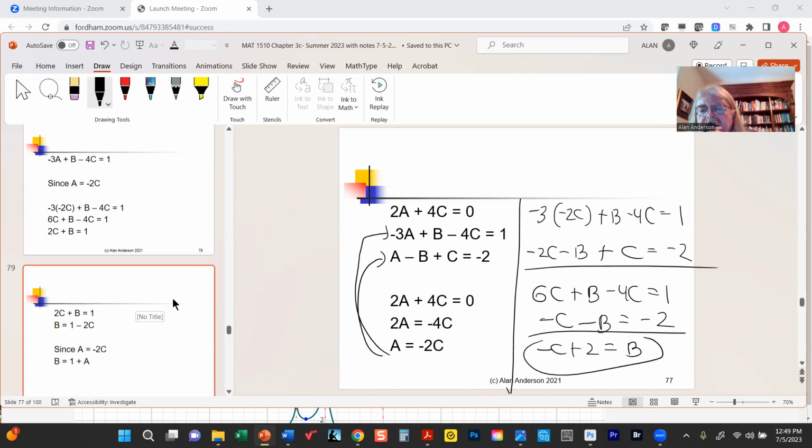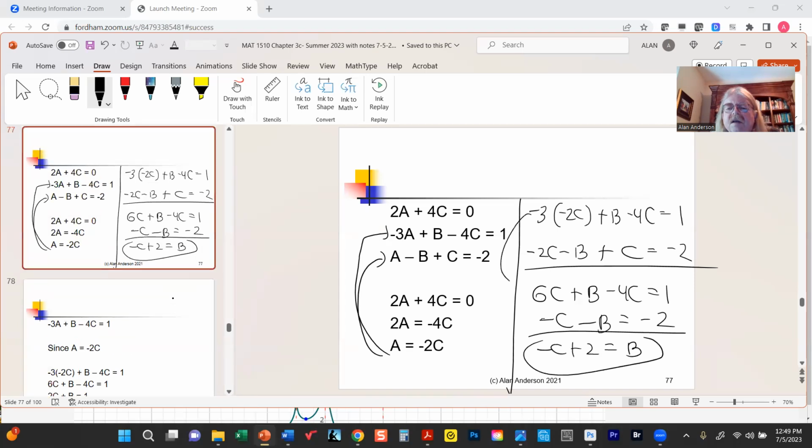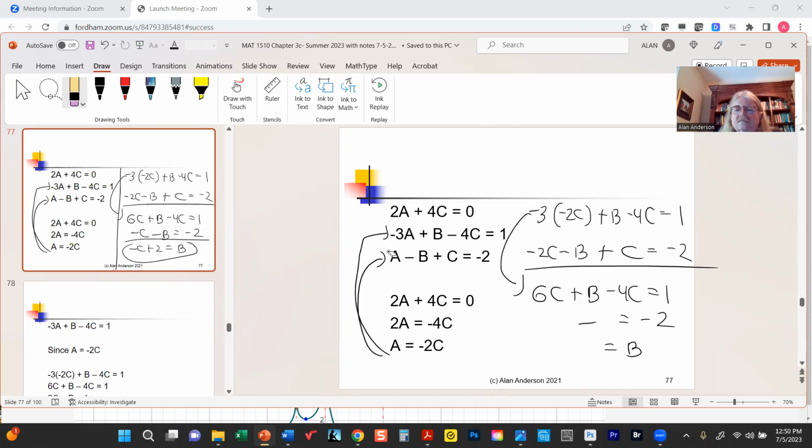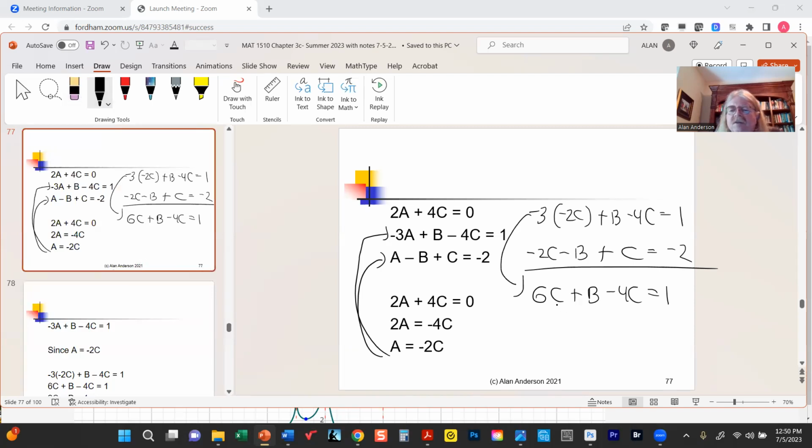Just double checking. No, I got it right. I'm looking at the wrong thing. This is 6c plus b minus 4c equals 1, 2. I'll tell you what, let me do it. I'm writing it in a very clumsy way. Let me just continue with this one first.